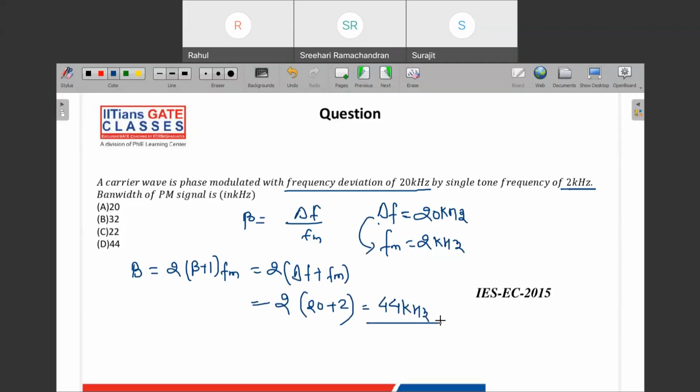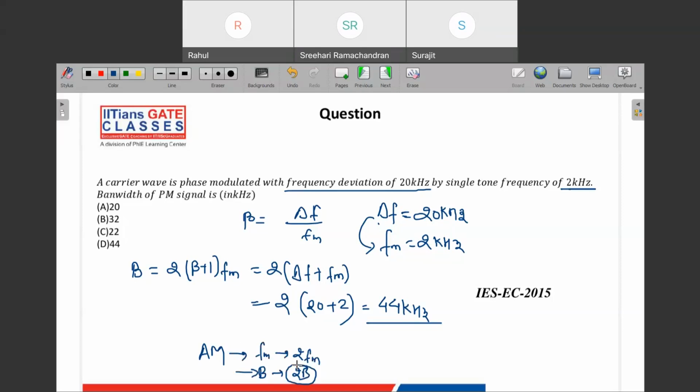Now, if you compare this FM or PM with respect to the AM signal, in the case of AM signal, if the message bandwidth was fm, the modulated signal bandwidth was 2 fm, just twice of that. Or if it is B, it was 2B. If the message bandwidth is B, modulated signal bandwidth is 2B.